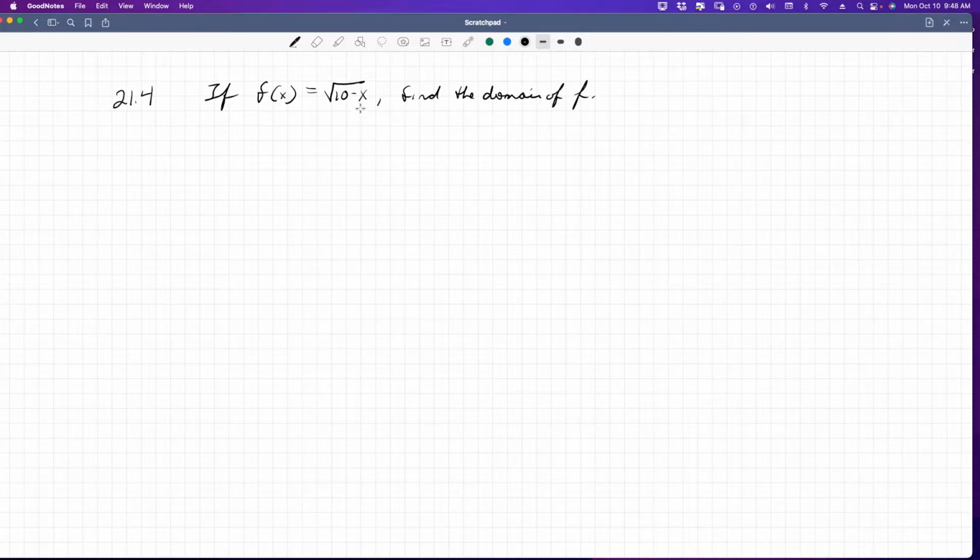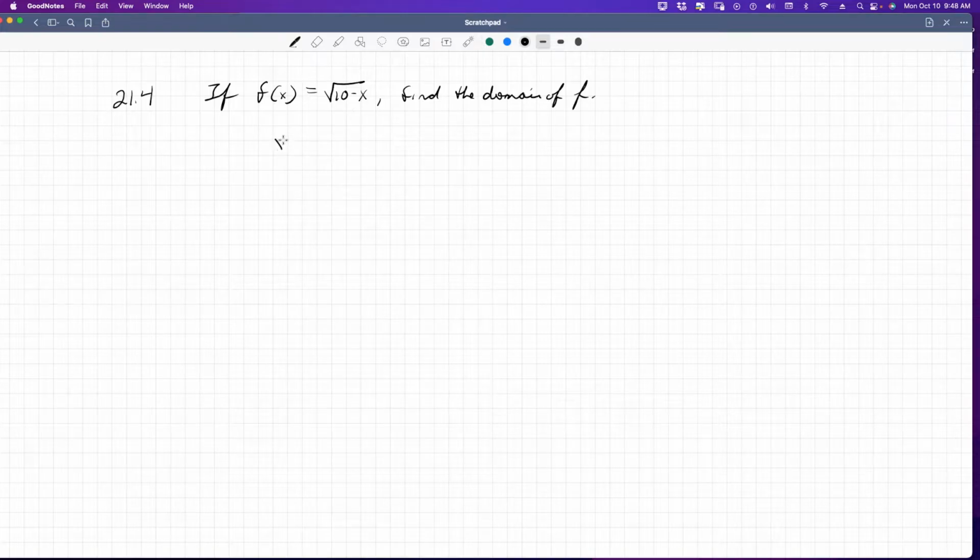So for it to be an imaginary number, the value under the radical would have to be negative. So the highest that this x can be is 10, and that's it, because 10 minus 10 is 0. If it is below 0, even a fraction, it's a negative number, and therefore it would be an imaginary number when the radical was calculated.